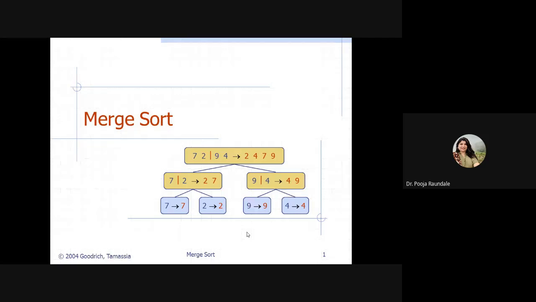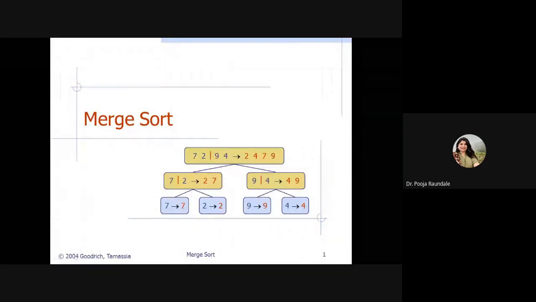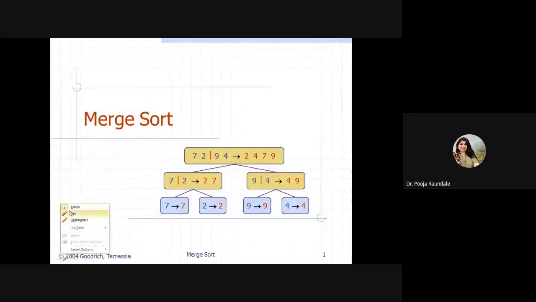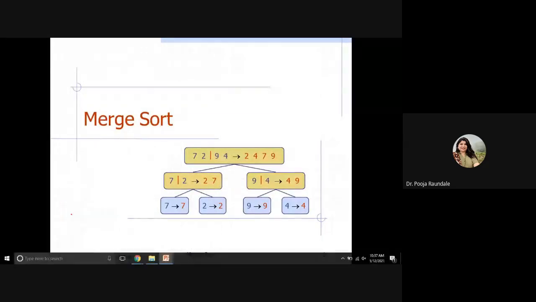Okay, guys, look at the merge sort once again. As we discussed in one of our lectures, this is the merge sort, and sorting is done using a technique which is the divide and conquer technique.